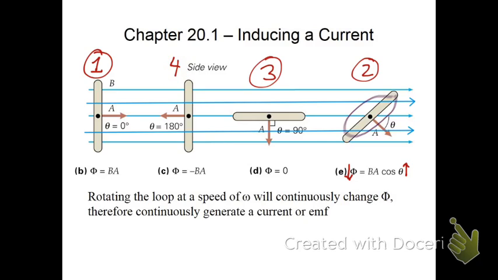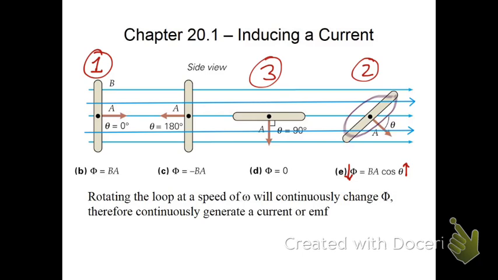We can see there are fewer field lines going through the loop as theta increases, until I get to position 3, where theta is 90 degrees. My loop is parallel to the field. There is no flux through the loop, so I have no current.